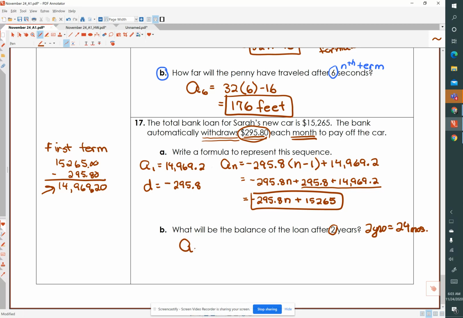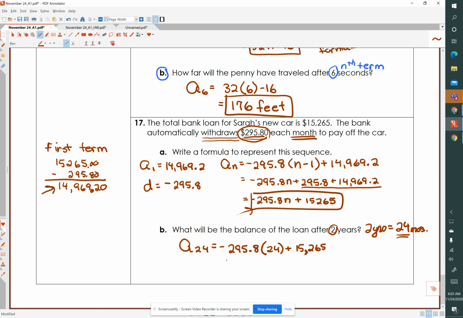So a sub 24 equals, we go back to our rule, negative 295.8n, and our n is 24 months, plus 15,265. It's a comma.